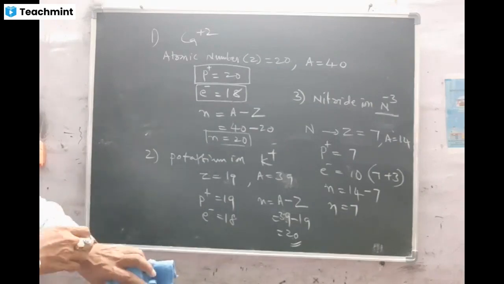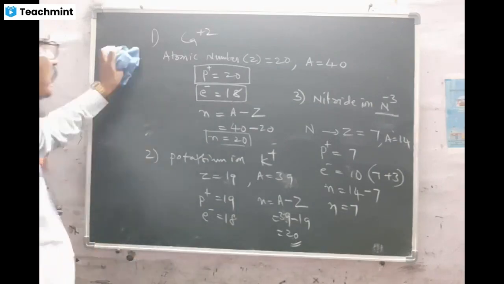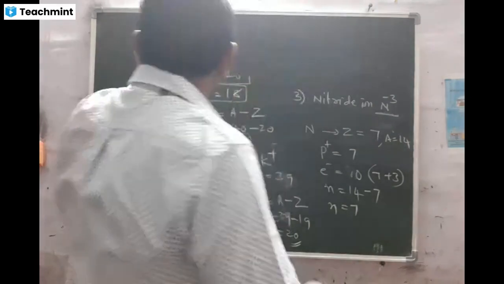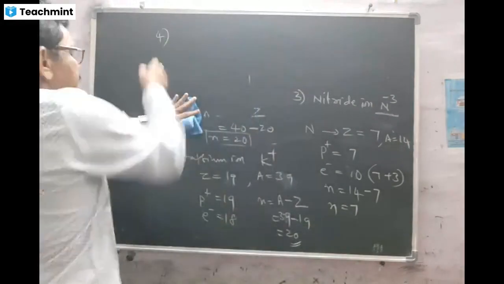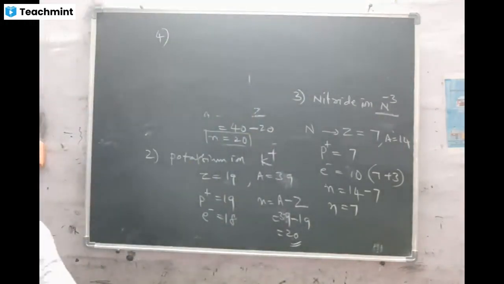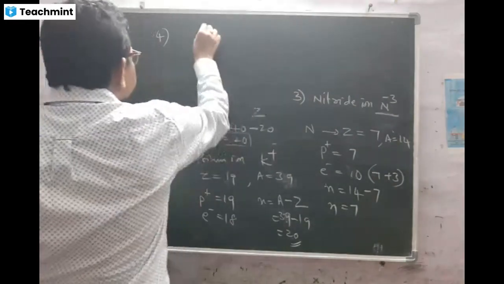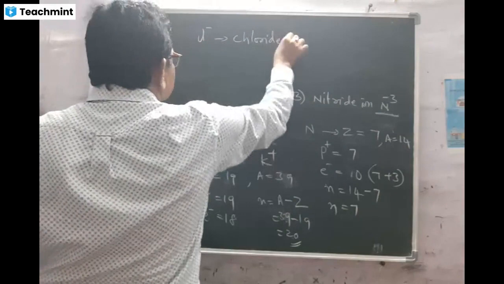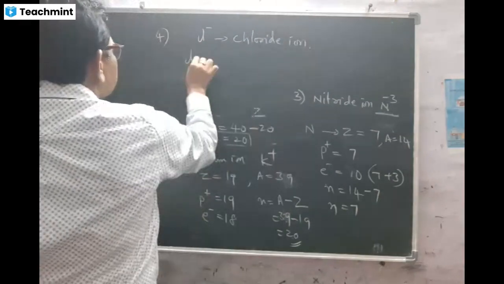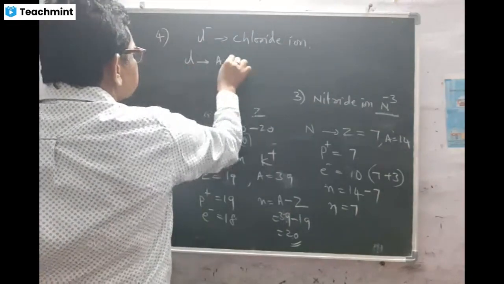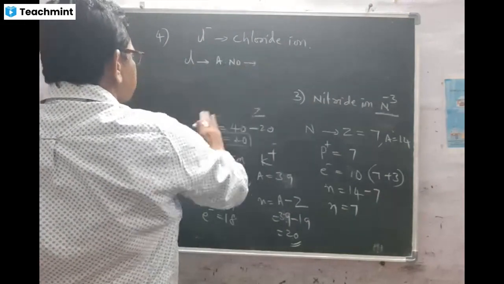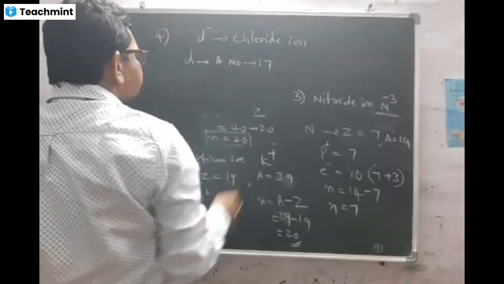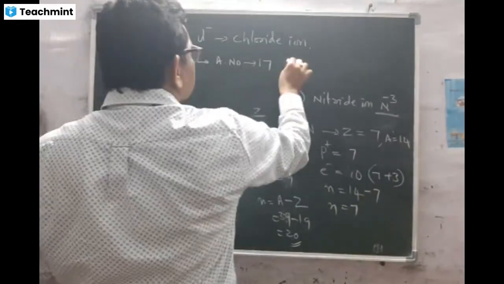Okay, then the fourth one. See, Cl minus 1. It is very easy to understand. Cl minus 1 means chloride ion. You know, the atomic number of chlorine is 17.